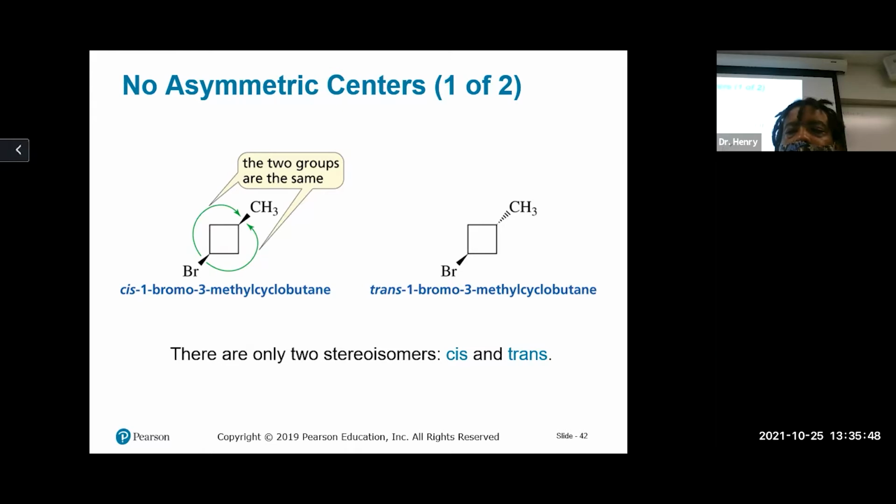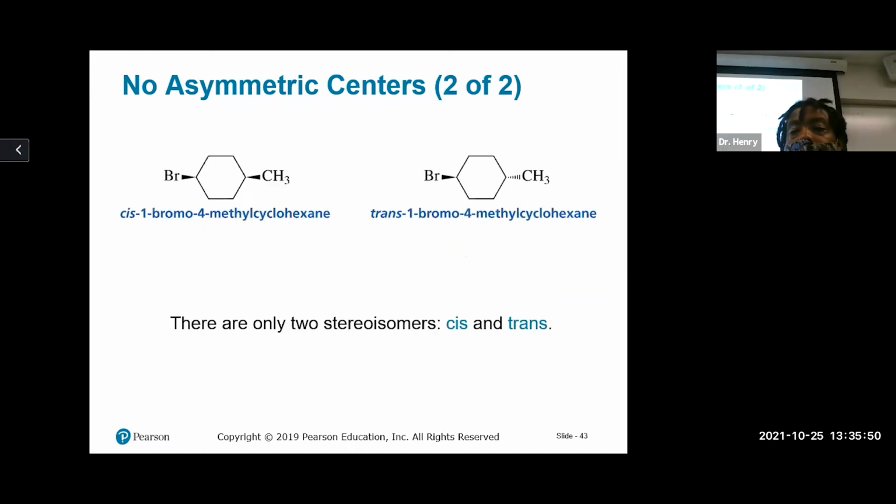So you asked the right question. Okay. So again, no asymmetric center. So that way we're able to just use two stereoisomers. You're probably going to get a question on a test on that: how many isomers can you get from the structure?